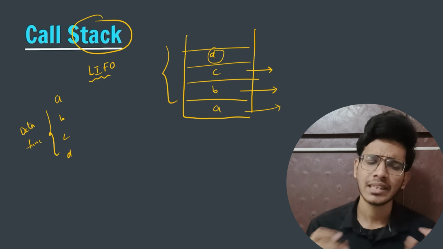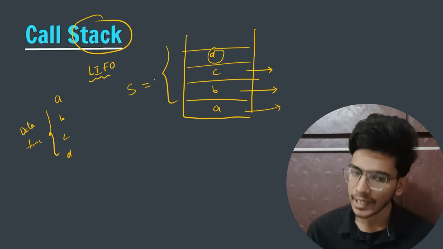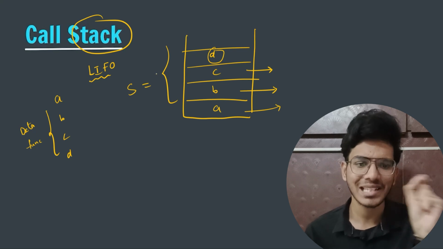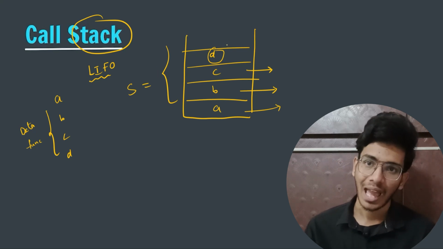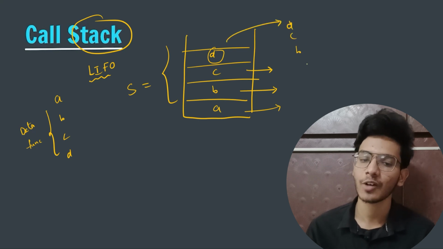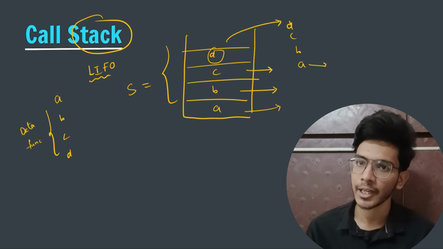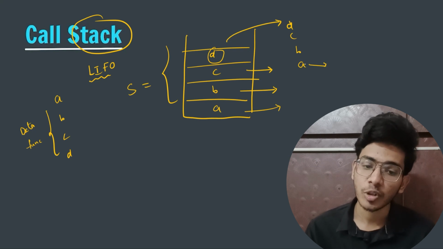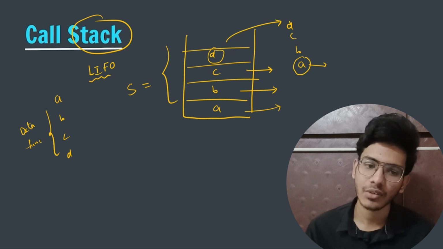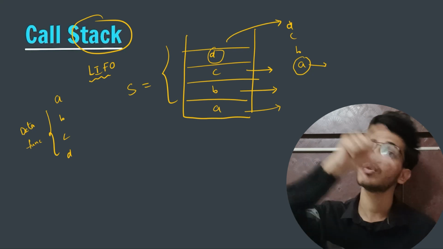Okay, now in this stack, for example, let's say the name of the stack is stack. Now in this stack, I want to remove elements. When I start removing the elements, you can easily observe that the first element which has to be removed is D. After that I will get C, after that I will get B, after that I will get A. Now if you observe, the first element which we inserted is A, but in the output the last element is A. So from this we can extract one thing, that the last element which you have inserted, while removing, will come out first.